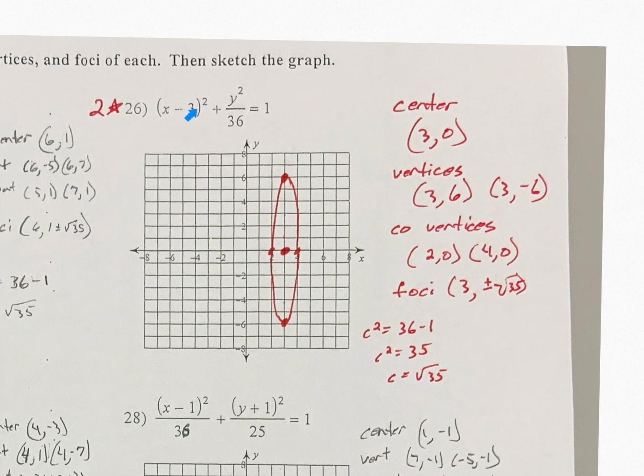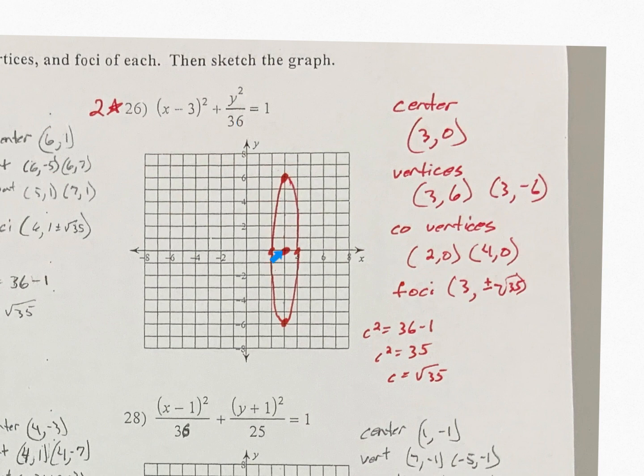Sometimes you'll have an h and a k term. On here, for our y squared, there's no minus k, so it's 0. But the center on this one is going to be at 3, 0. So you can start by plotting 3, 0. Then the a term actually is 36, so the square root of 36 is 6.